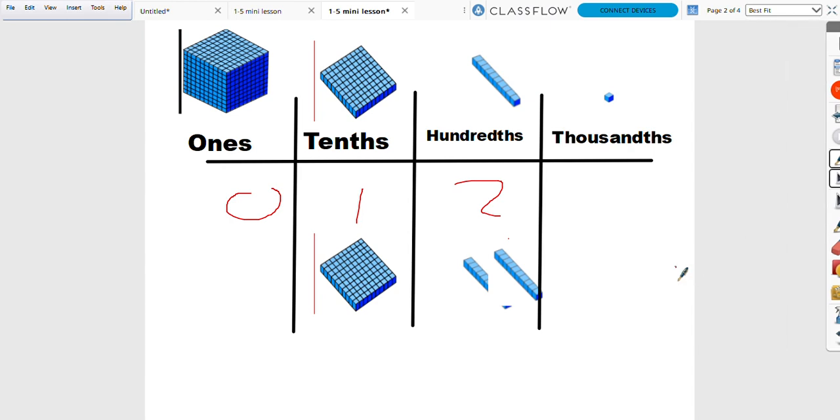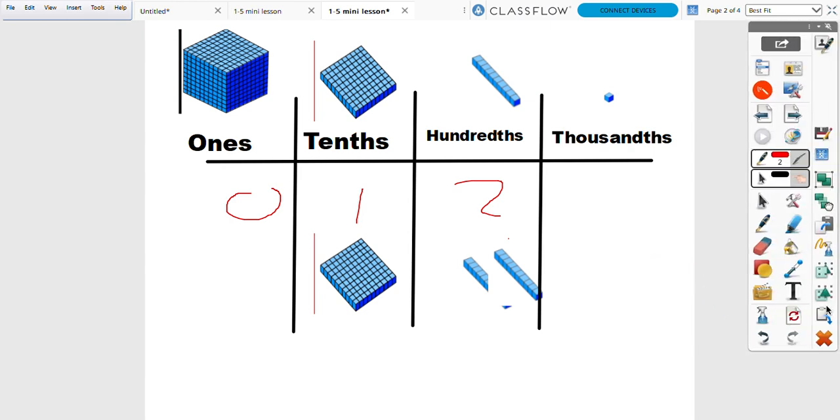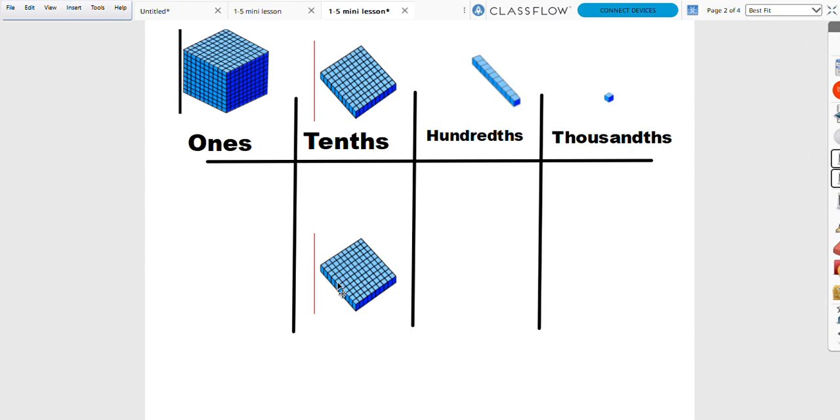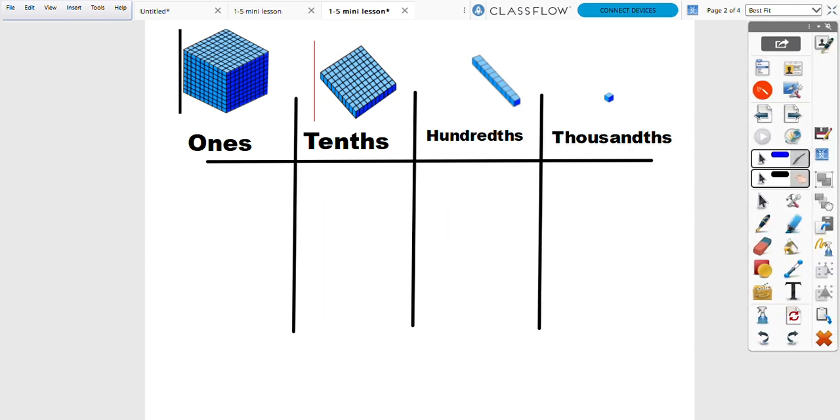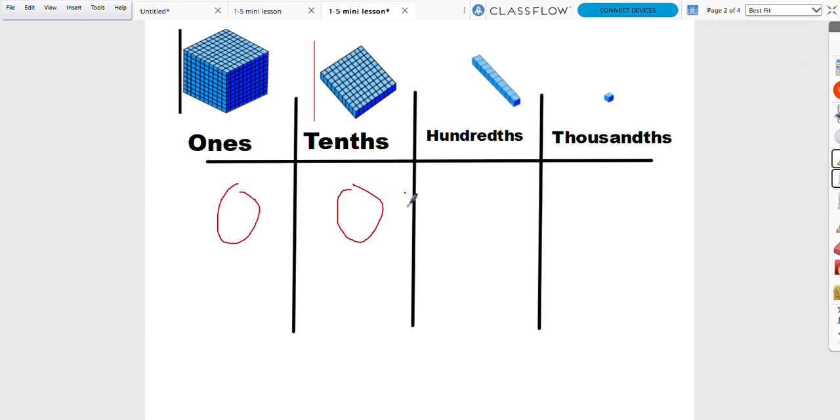So let's go into this whole idea of times 10 and times 1/10. Looking at the number 2 hundredths, if I had 2 hundredths and I'm asking which number is 10 times greater, that would be 0.02 or 2 hundredths times 10.